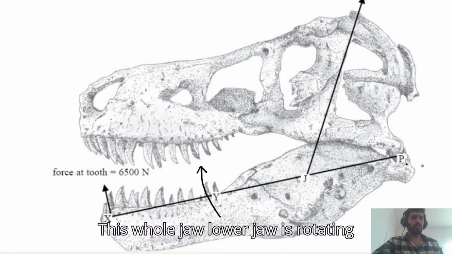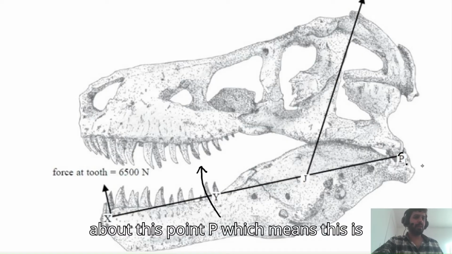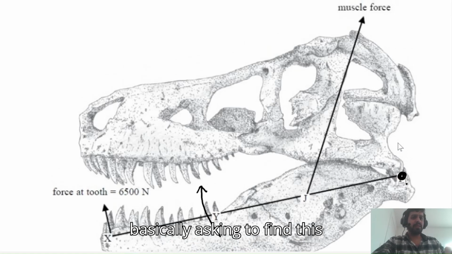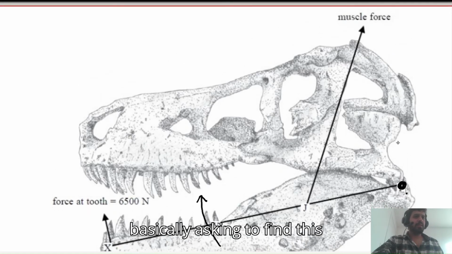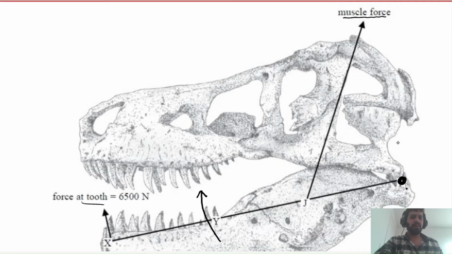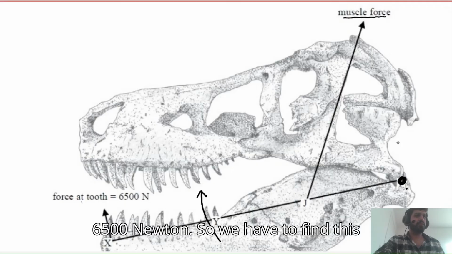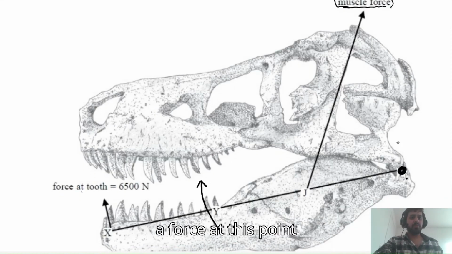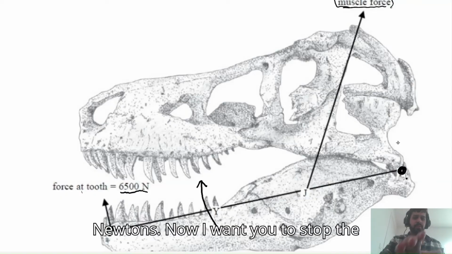This whole lower jaw is rotating about this point P, which means this is our pivot point. The question is basically asking to find this muscle force that will make the force exerted by this tooth 6,500 newtons. So we have to find this muscle force, which will result in a force at this point having a magnitude of 6,500 newtons.